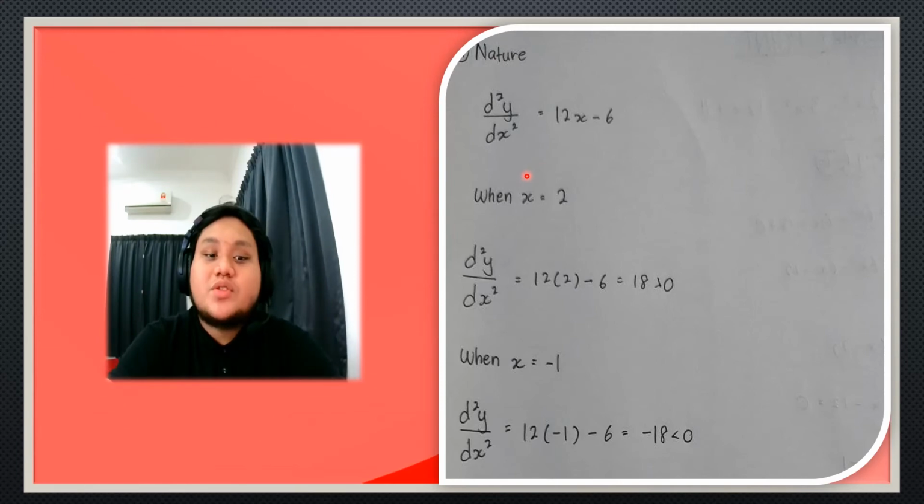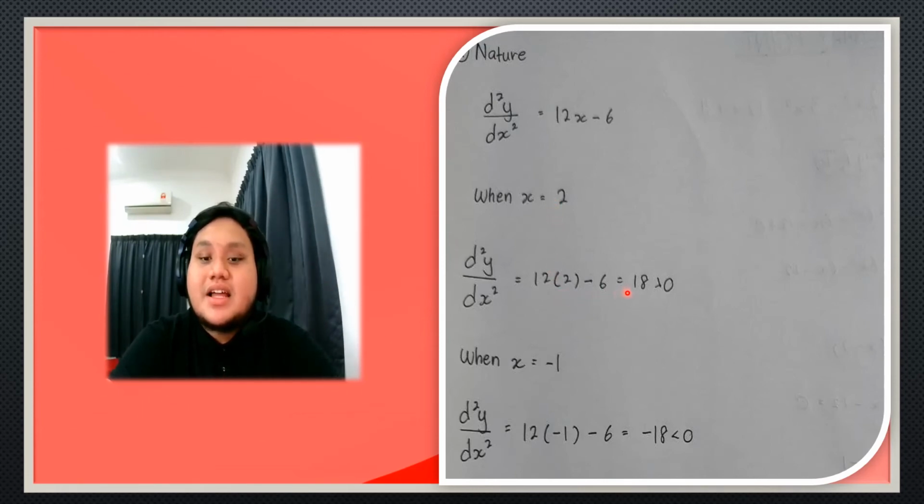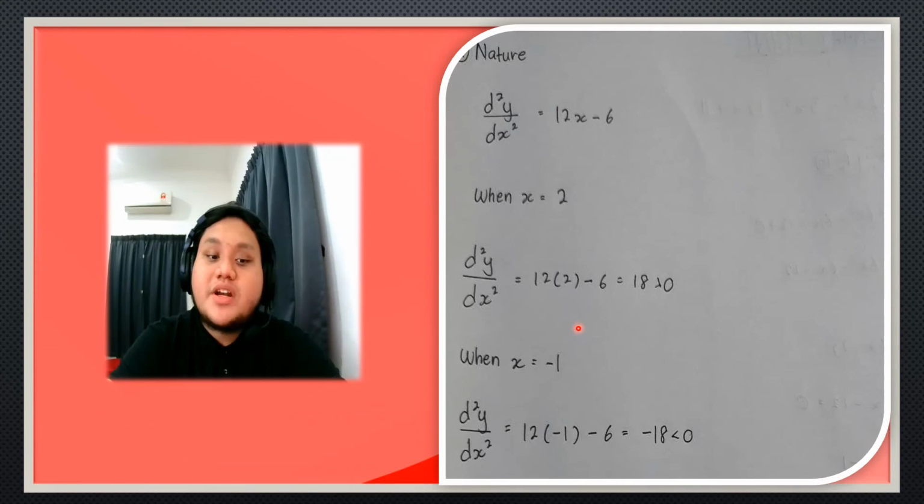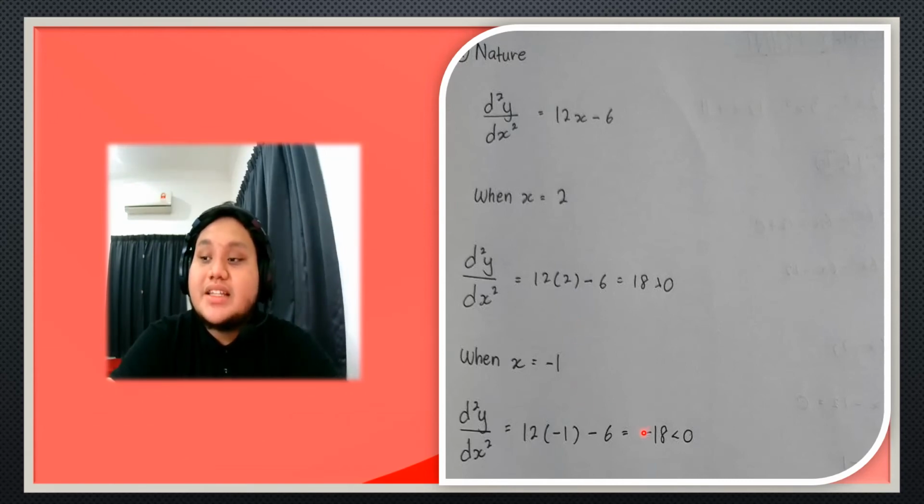After that, we need to substitute x, which is 2 and negative 1, into the equation. The first answer is 18, bigger than 0. That's a minimum point. And for the maximum point, negative 18 is smaller than 0.